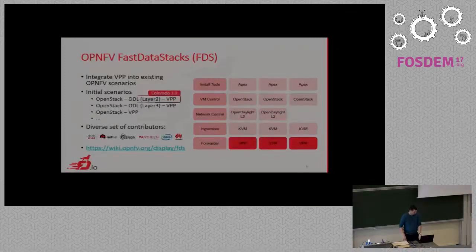There are also other scenarios that are currently in progress. The first one, which you see with Apex, OpenStack, OpenDaylight L2, KVM, and VPP, is already working in our scenario. Then there is L3, which is in progress.